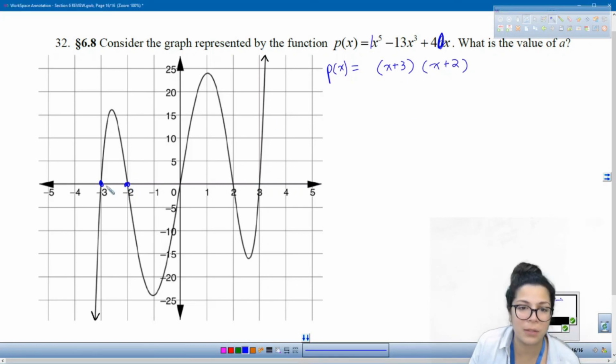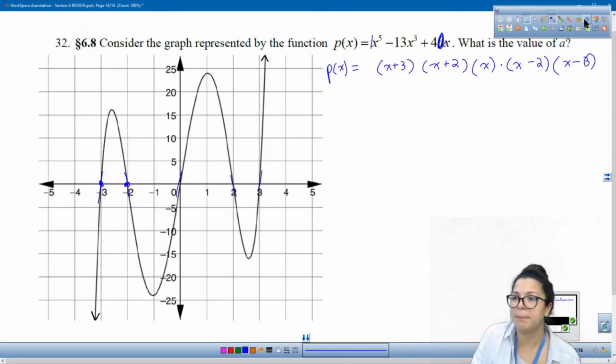And notice that all of these you're just going through straight, so all of these are power 1. The next one, x minus 0, which would just be x to the power of 1. And then this 0 of 2 will be x minus 2, and this 0 of 3 will be x minus 3, okay?